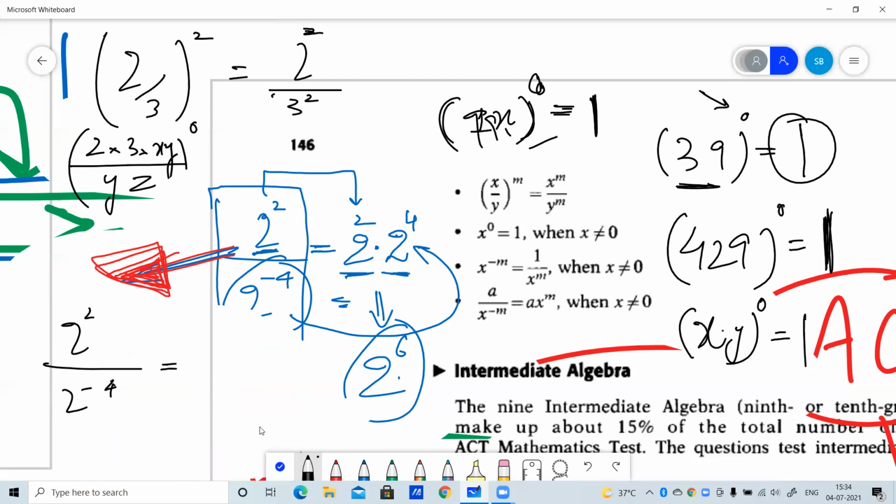So the base 2 is as it is, and then 2 minus negative 4. Oh, this is positive. Okay. So how much will it be?